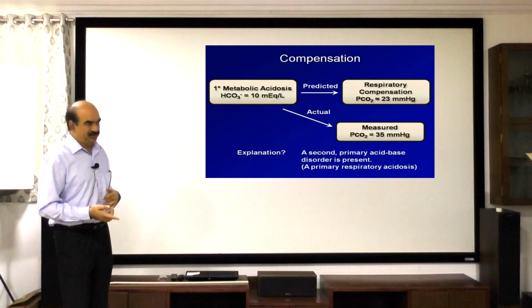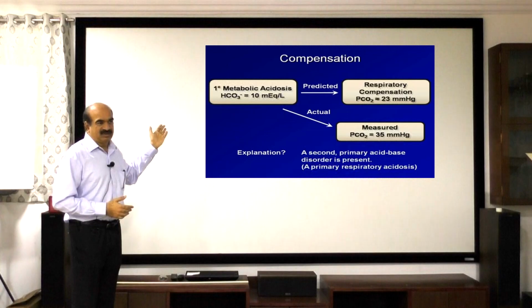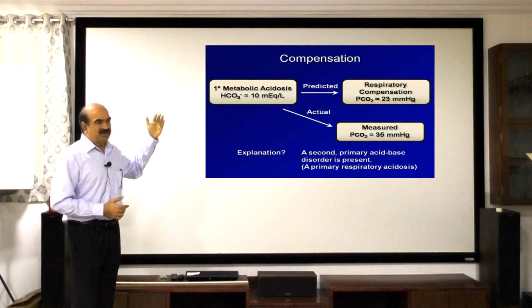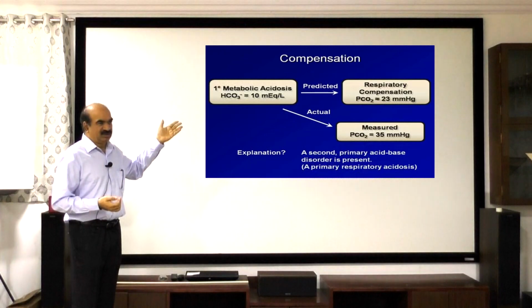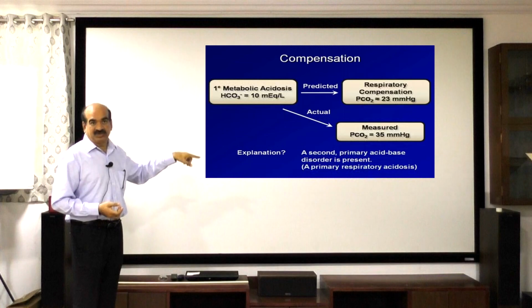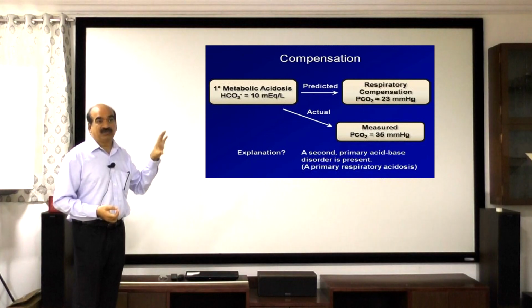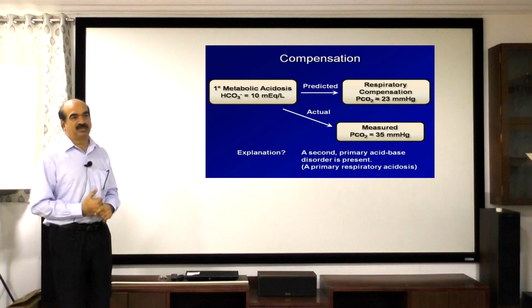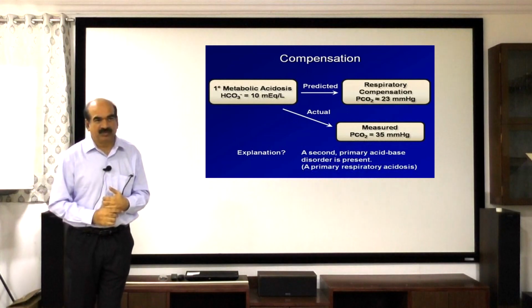That gives a clue. Usually we think that with metabolic acidosis there will be compensatory respiratory alkalosis because of hyperventilation. If you check CO2 and it shows respiratory acidosis, it is an additional disorder, and we should carefully look for a lung disease or any condition causing respiratory acidosis.